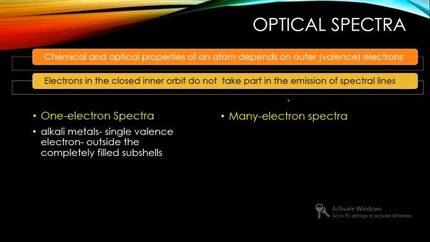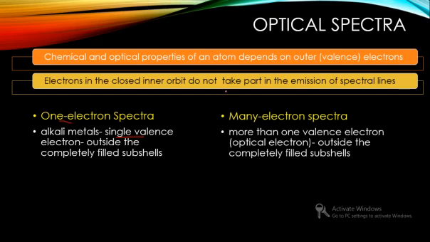We have already seen that the valence electron in hydrogen, lithium, and sodium is 1. Those metals are called alkali metals, which have a single valence electron in the outermost shell, outside the completely filled subshell.